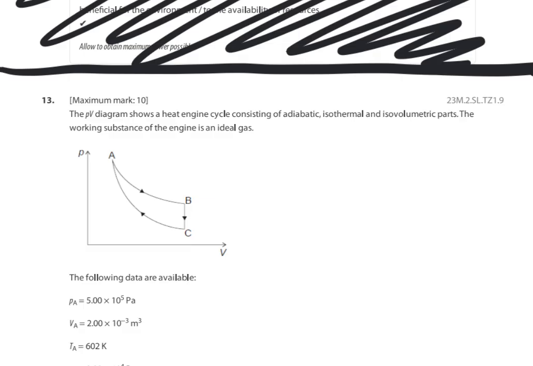The adiabatic always has the steeper curve, so the CA curve is adiabatic, so there's no Q there. The isothermal is the shallower curve, and that is AB. And then we have the isovolumetric, obviously, from B to C, no change in volume.